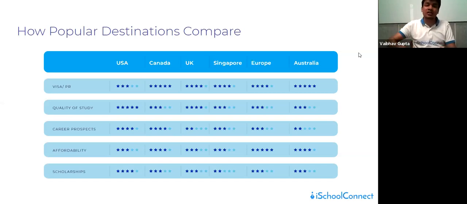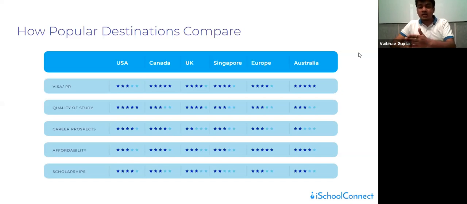So that's why a 3-star rating on that. USA again is slightly expensive when it comes to international education. But in terms of scholarships, USA gives the largest amount of scholarships to international students. That's why it becomes one of the most lucrative countries for people who want to study abroad.